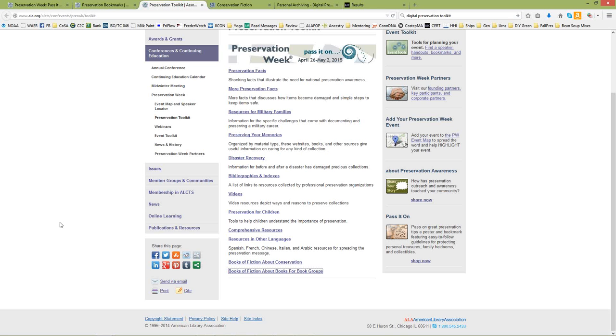So for example, the American Academy of Medicine in New York City does programming, and they set up in the lobby of the building. So it doesn't matter if it's the general public coming in or staff coming in and through. Everybody can learn about what is going on in preservation.